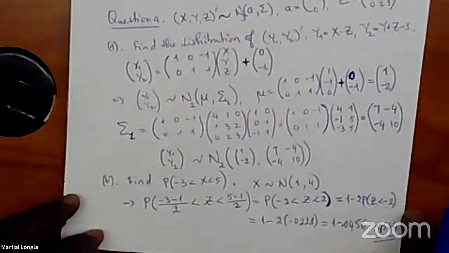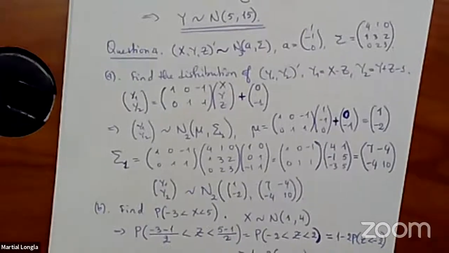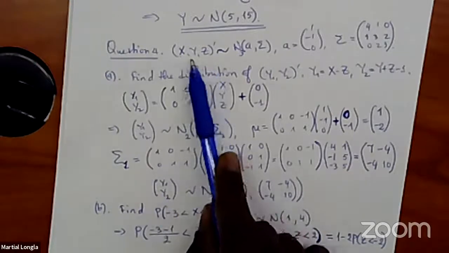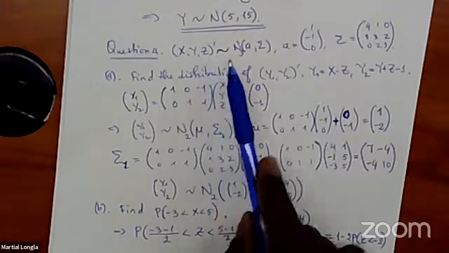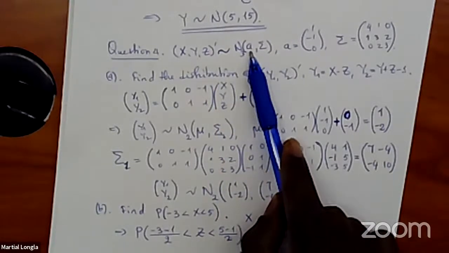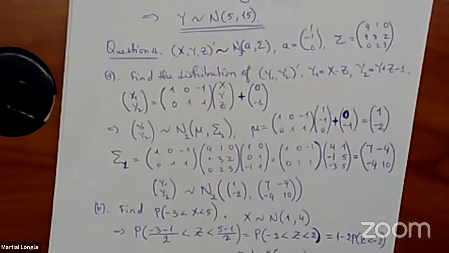Now, question number 4. When we were doing this in class, I told you this is going to be on the test. So you have a vector X, Y, Z that follows normal 3 with mean vector a and variance matrix sigma.